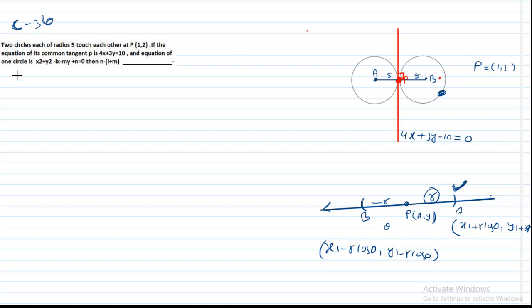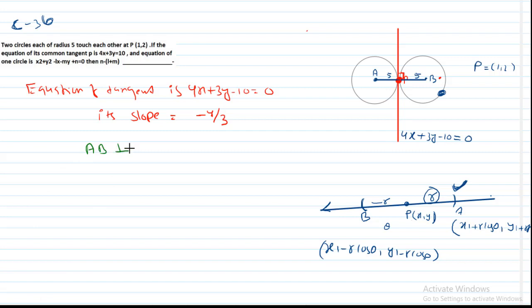So that's why, the equation of tangent is 4x plus 3y minus 10 equal to 0. Its slope equal to minus a by b, means minus 4 by 3. AB is perpendicular to tangent, I can say T. The product of their slopes equal to minus 1.